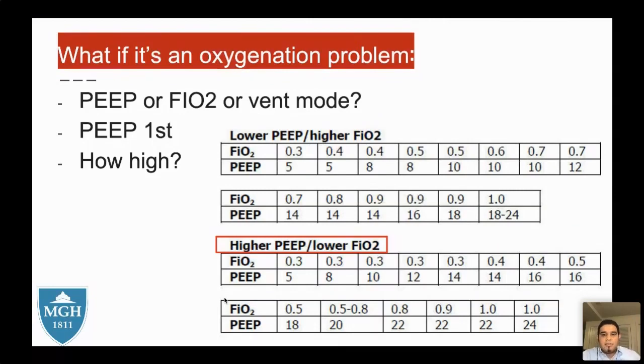But one of the most important things you need to know is whether the patient is PEEP responsive or not, okay? And you see that by actually checking ABG and looking at the patient's oxygenation. So let's say you're at 8, you went up to 10, you went up to 12. You're actually seeing either the same oxygenation or there is actually worsening of the oxygenation. So your patient is PEEP non-responsive.